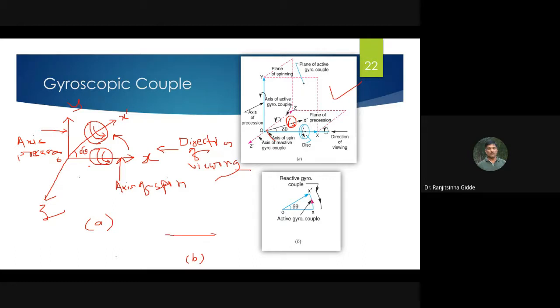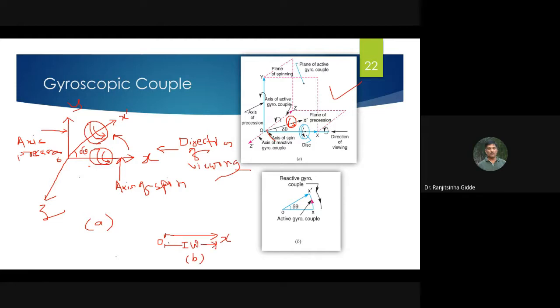This is the angular momentum vector OX, and here you should write I omega.